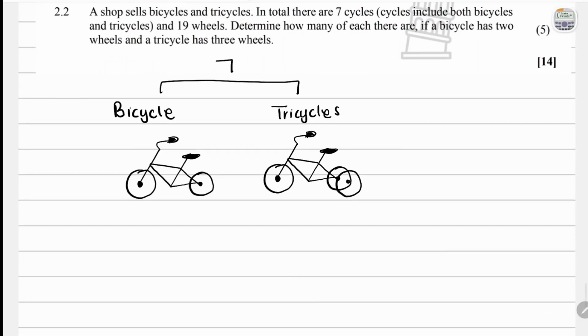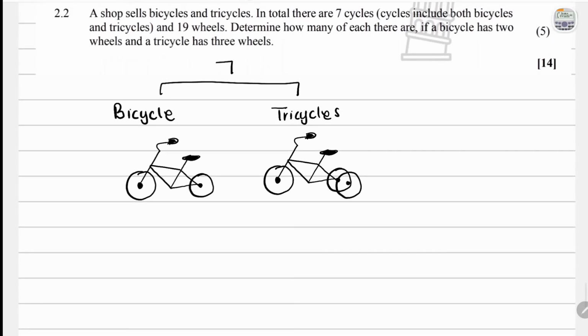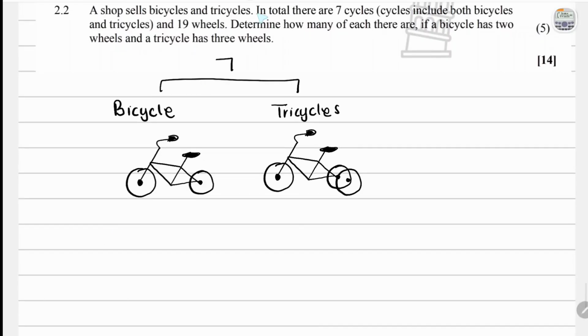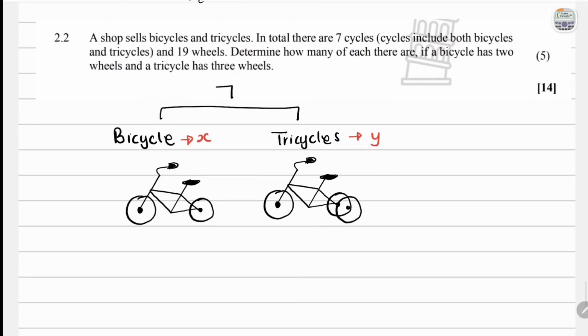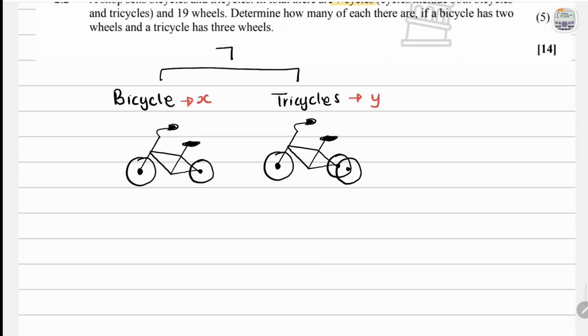So here's what we can actually say about that. Let the bicycles be X, and let the tricycles be Y. Okay, so what that means is because they tell us that in total there are 7 cycles, if you add X and Y, you get a total of 7.